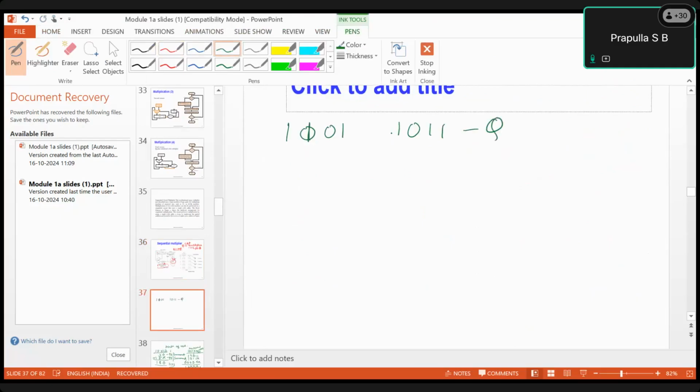Multiplier is your Q register, multiplicand is M. So now we have to follow certain steps for this. I'll just tell you what they are.